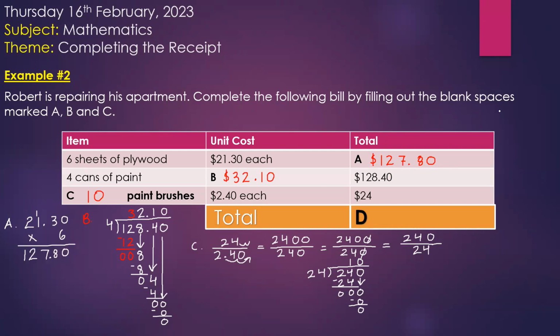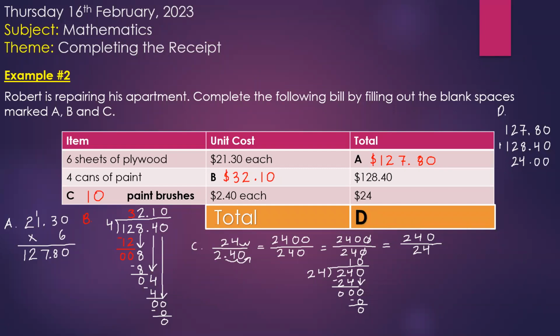So this is D, 280 and 20 cents. 127.80 plus 128.40 plus 24.00.